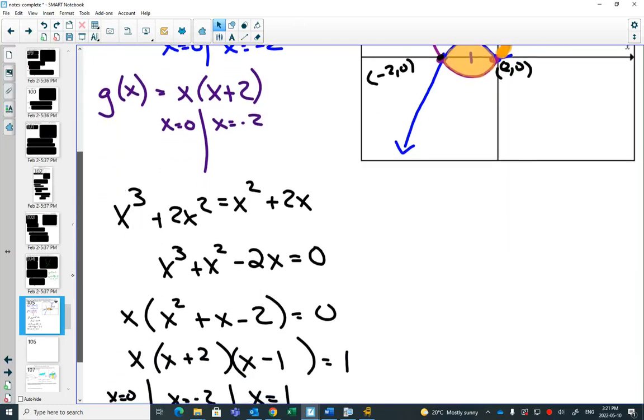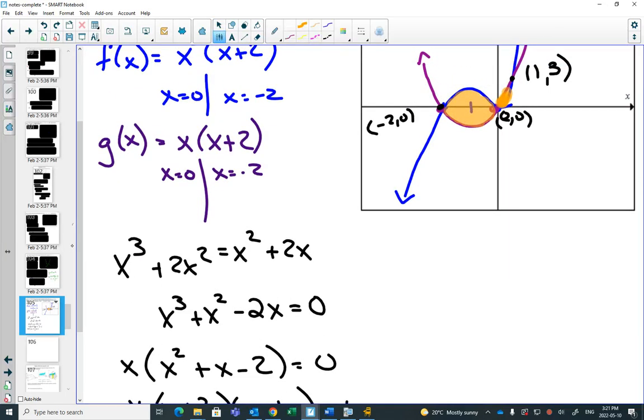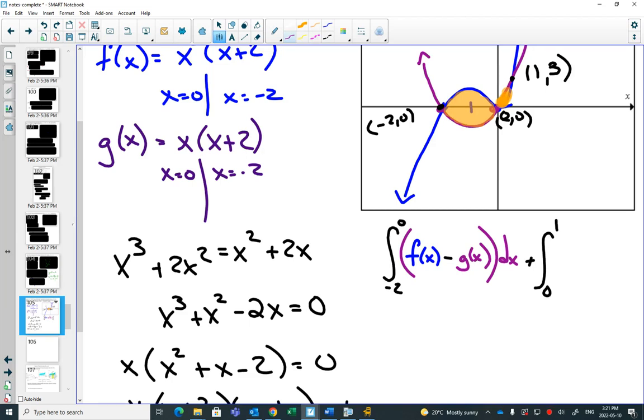So when we set up this integral, I'll do it off to the side here. We want to find the integral from -2 to 0 of f of x minus g of x. Then we'll do the integral from 0 to 1, and this time we'll do g of x minus f of x.